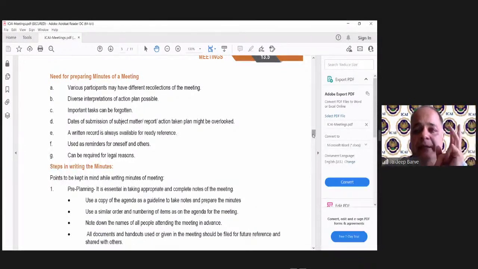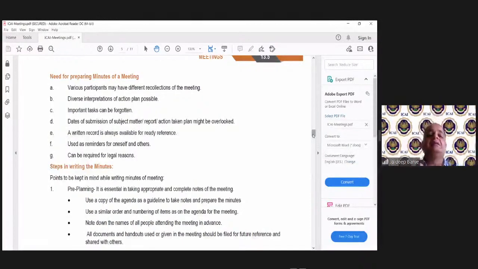And third, the timeline within which the action has to be taken. If the minutes of the meeting are not written, you would forget. You might overlook. Somebody would say, "Arey, I forgot." But if the minutes are written and signed off by everybody, then he's also accountable: I've signed off, this matter was discussed, I have to perform.